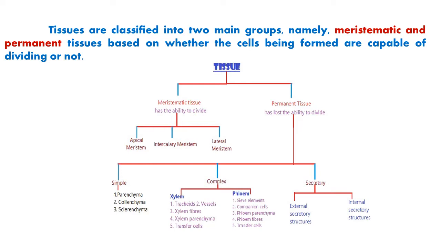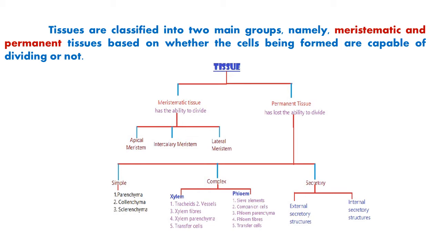This is the tree diagram of classification of tissue: meristematic tissue and permanent tissue. Meristematic tissue has the ability to divide. Permanent tissue has lost the ability to divide.